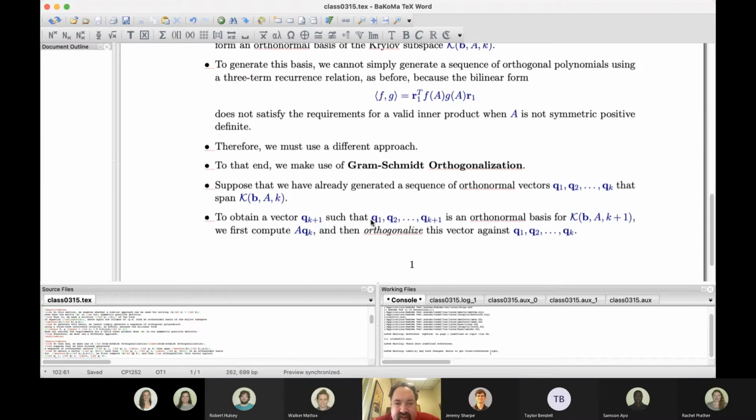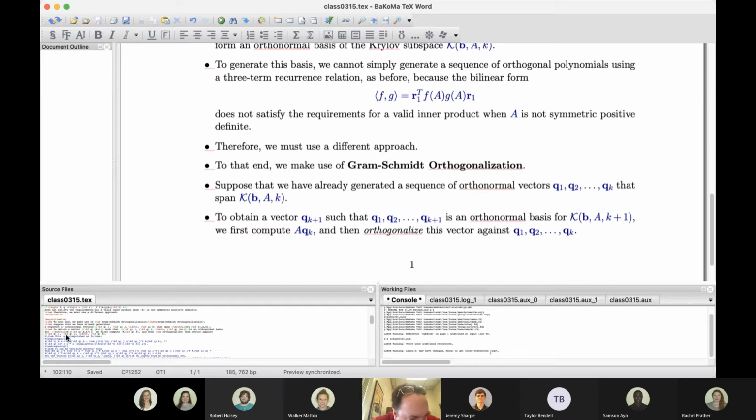So now my previous vectors, q1 up to qk, and A q_k already span my new larger Krylov subspace of dimension k+1. I just have to make this one orthogonal to all of these. So for that, I use Gram-Schmidt.